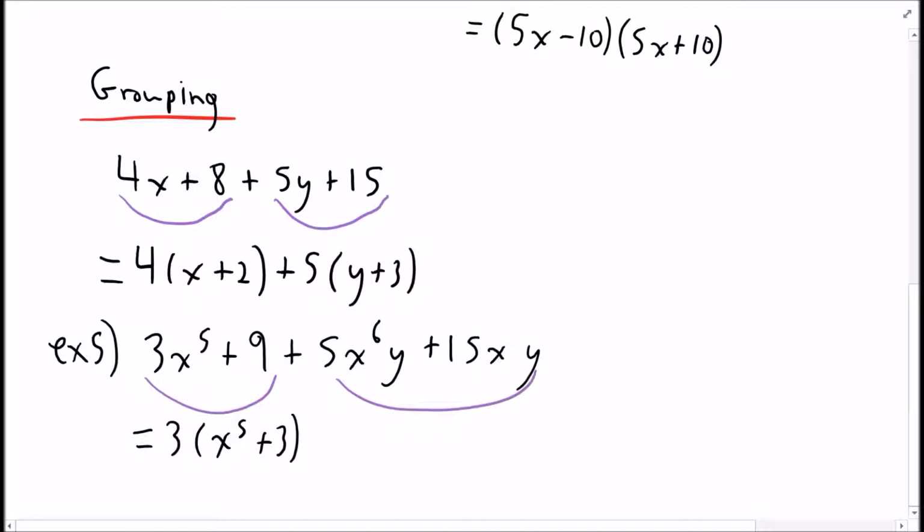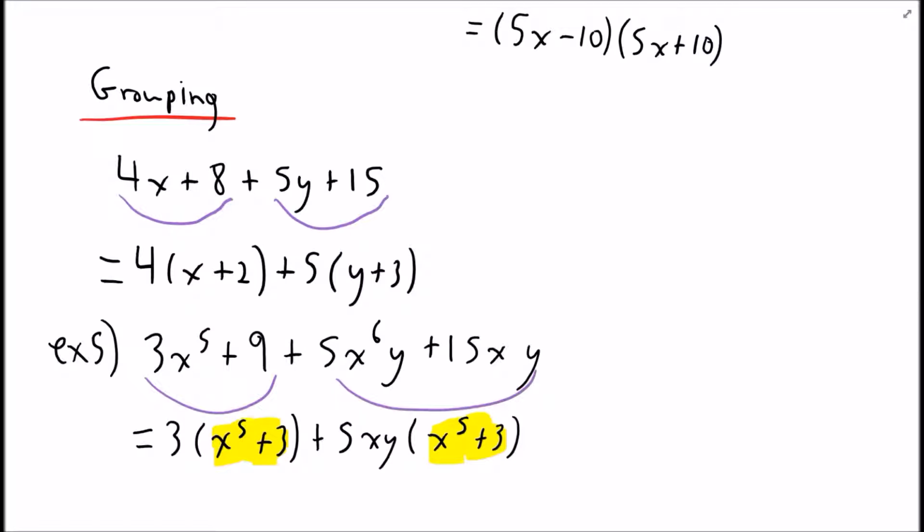And the second one, so plus, I've got a 5, and there's an xy that's common to both terms. So that would leave me with x to the 5 plus 3. Now you'll notice this time that what's inside the brackets here, x to the 5 plus 3, is exactly the same as what's in the brackets over here.